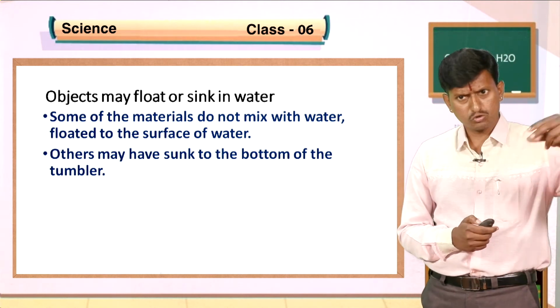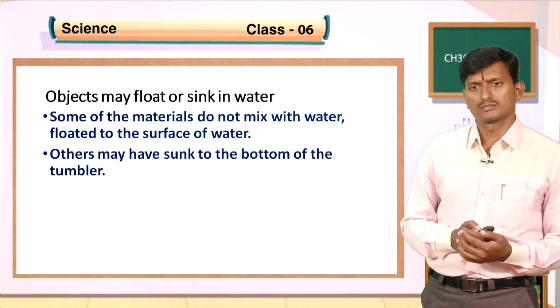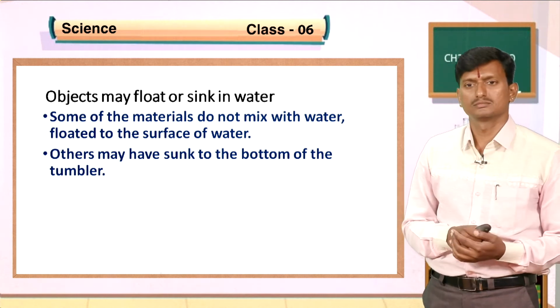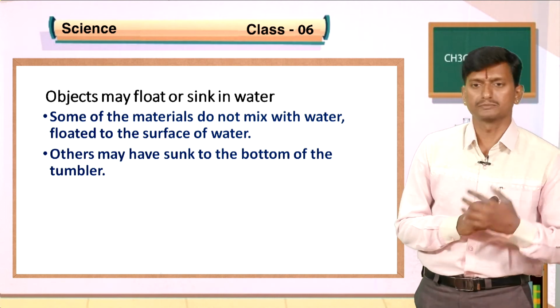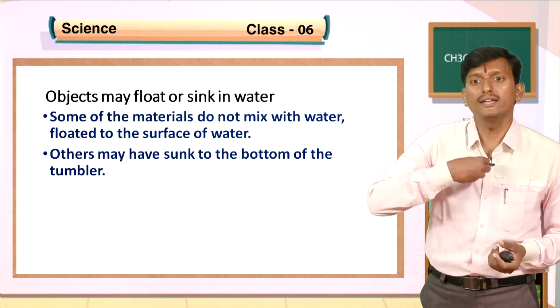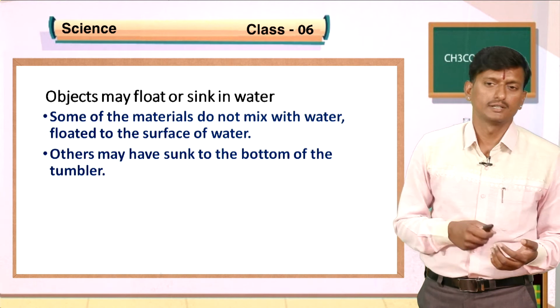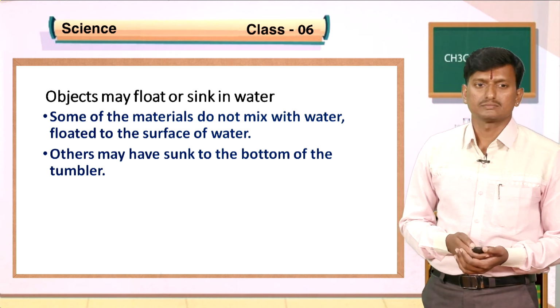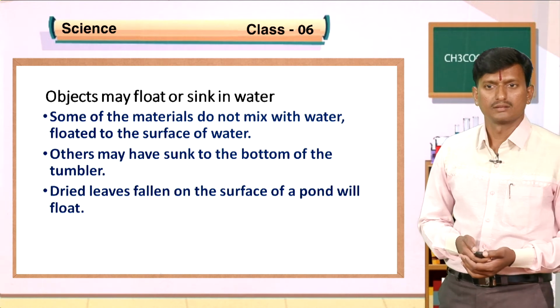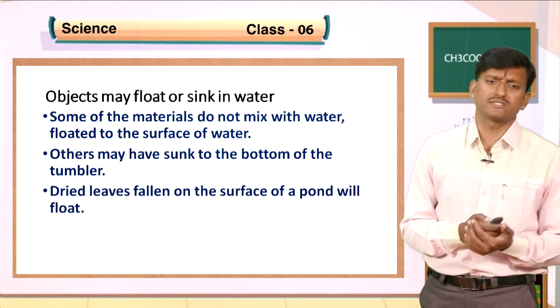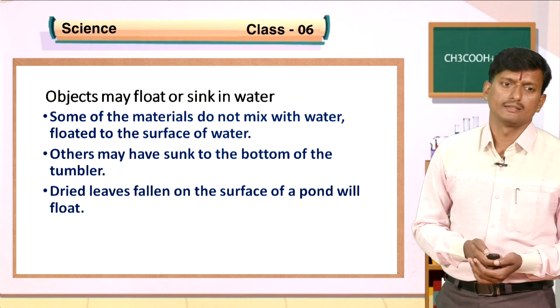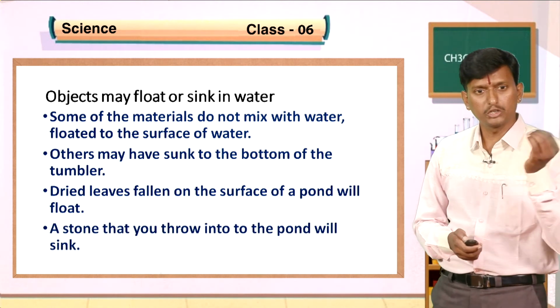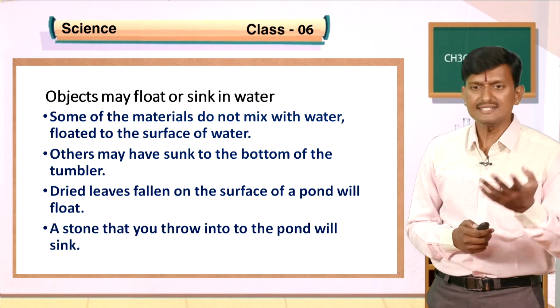If you throw a stone into a pond, it will sink to the bottom. If you throw dry leaves into a pond, they will float on the water. Isn't it? So, dry leaves that fall on the surface of the pond will float. A stone that you throw into the pond will sink.